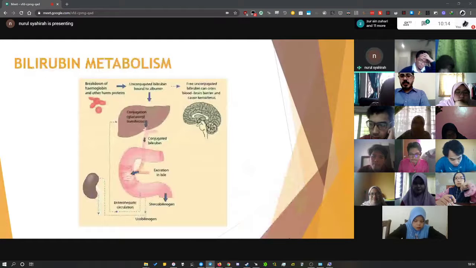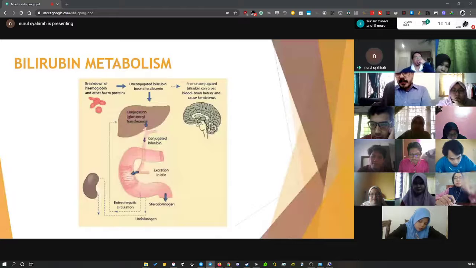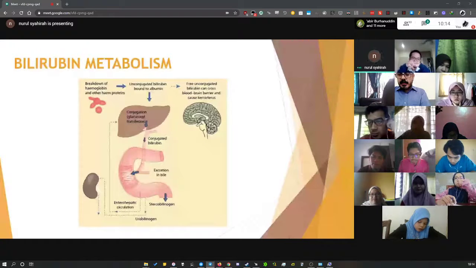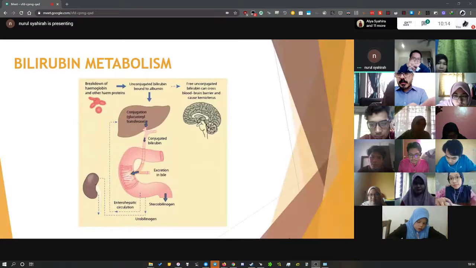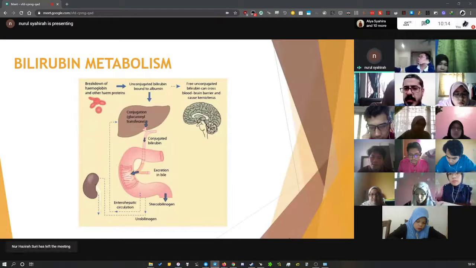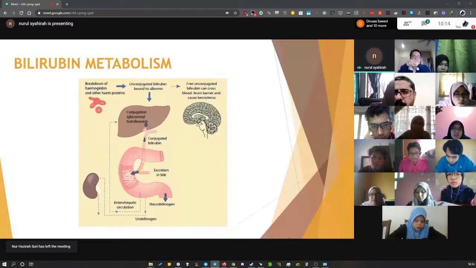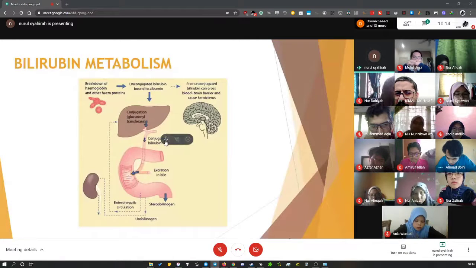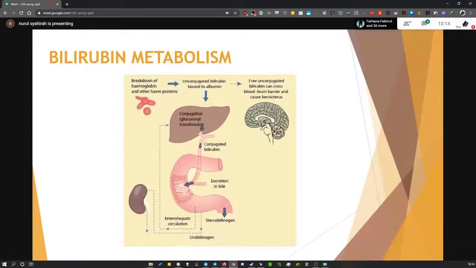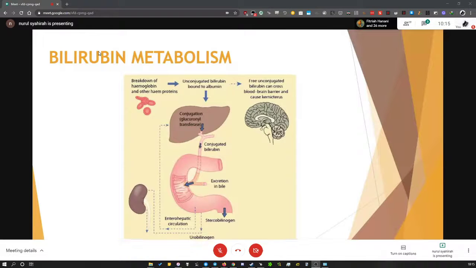For bilirubin metabolism, first hemoglobin is broken down into unconjugated bilirubin. This unconjugated bilirubin is lipid soluble, so it binds to albumin and is taken up by the liver. In the liver, bilirubin is conjugated by the glucuronosyltransferase enzyme and becomes conjugated bilirubin, which is water soluble.